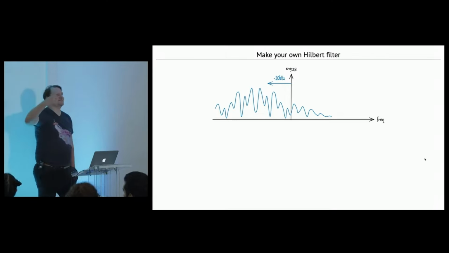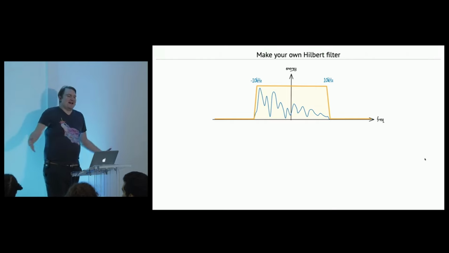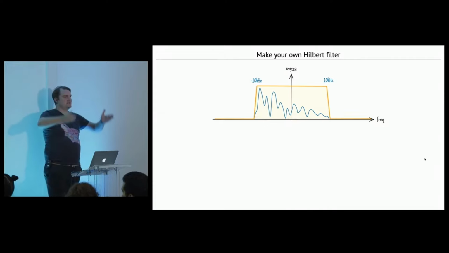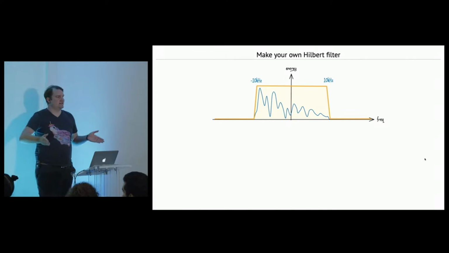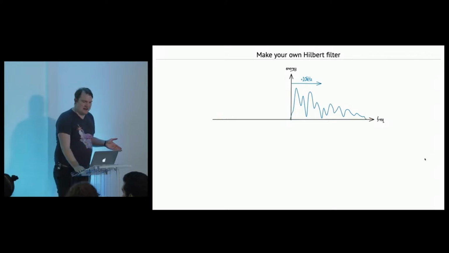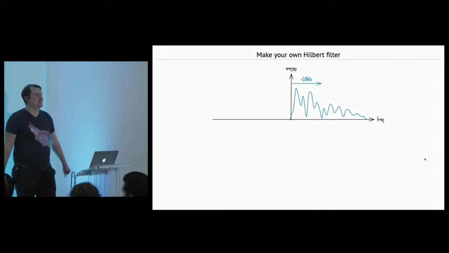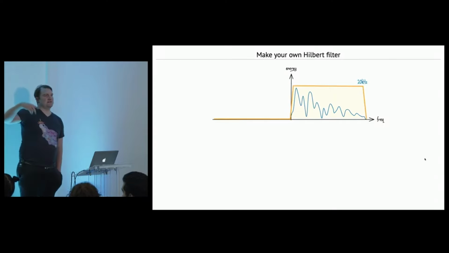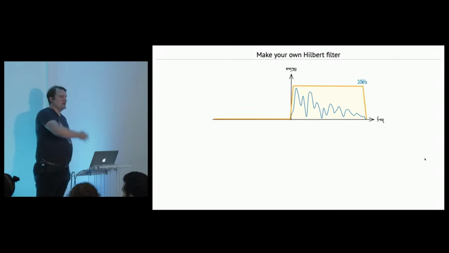Then you do what looks pretty much like a conventional low pass, and I'll get to that in a bit, to just get the stuff between plus and minus 10 kilohertz, and then you upshift that result. And voila, you have essentially kept all the stuff between 0 and 20 kilohertz and removed everything else.